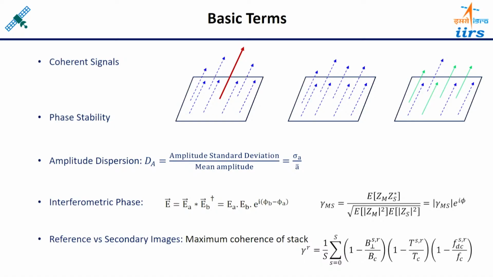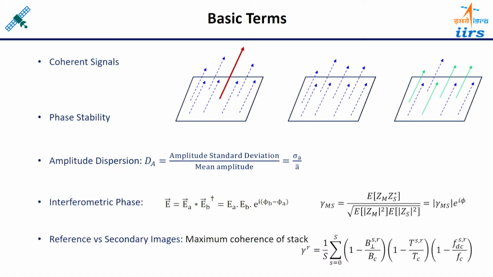The phase difference of two signals is basically called the interferometric phase, and the graph of the phase difference is called the interferogram. In that interferogram two signals are involved and both the signals should be coherent in nature. If they are not coherent in nature, you cannot generate the interferogram, or if you are generating an interferogram, that is not making any sense because a lot of noise will be there.